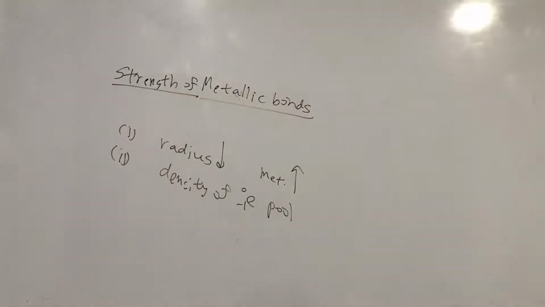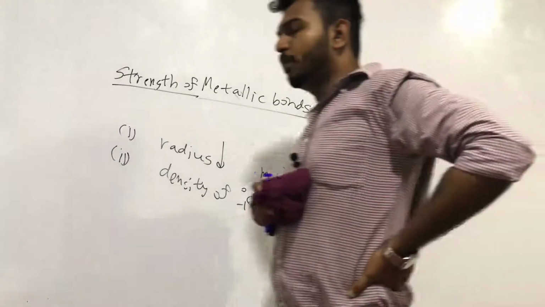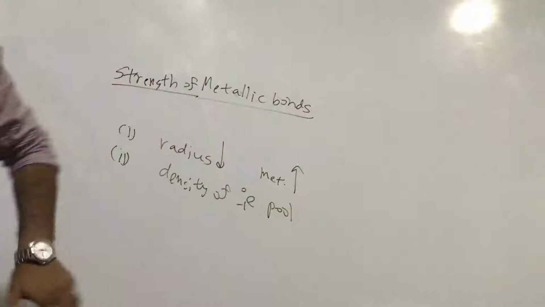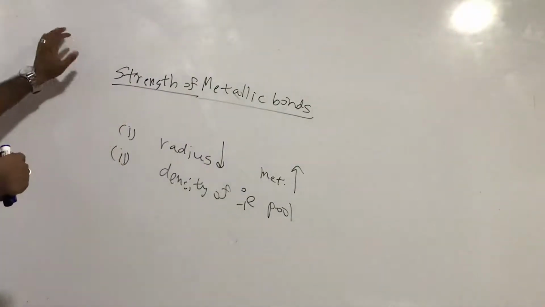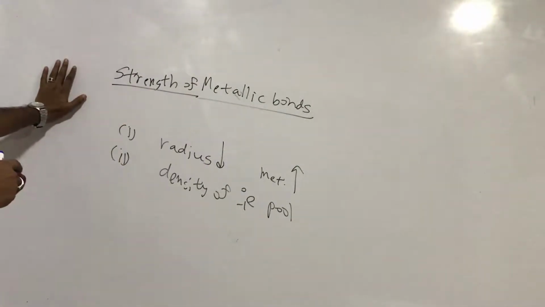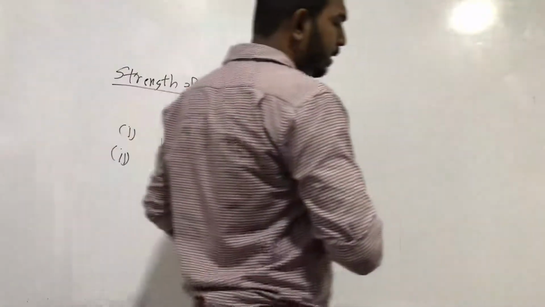Then write, when radius decreases, metallic bond strength increases.